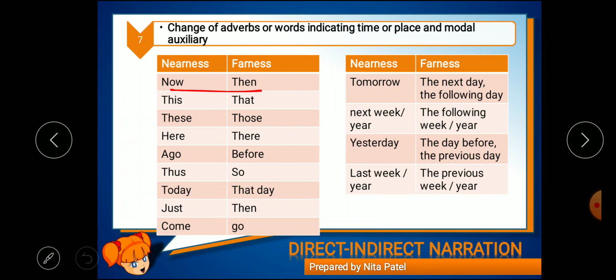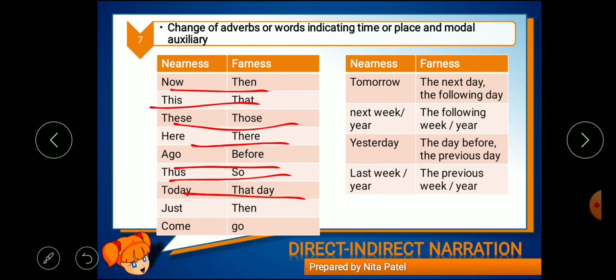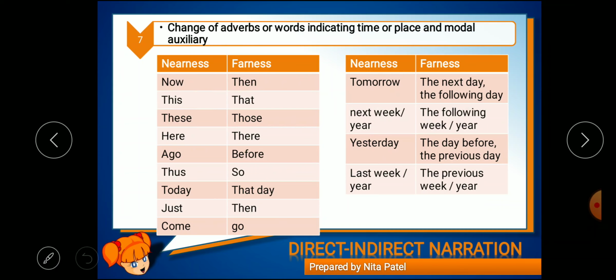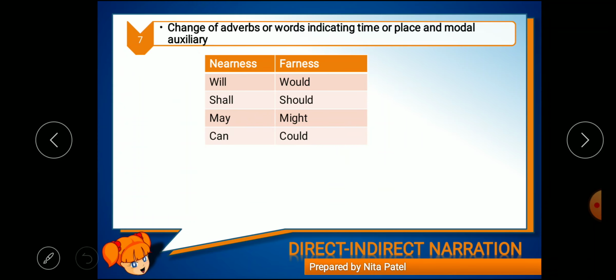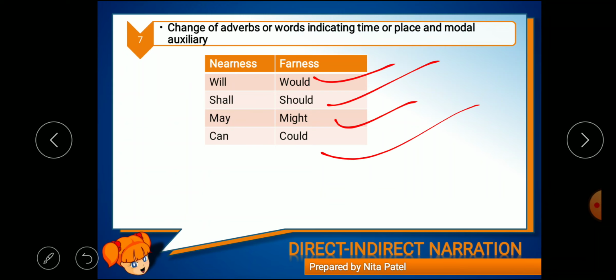So now we will convert into then, this into that, these into those, here into there, ago into before, thus into so, today into that day, come into go. Tomorrow will become the next day or the following day. Next week will become the following week, next year the following year, right? Yesterday becomes the day before or the previous day. Last will convert into the previous. And one more: will converts into would, shall into should, may into might, and can into could.